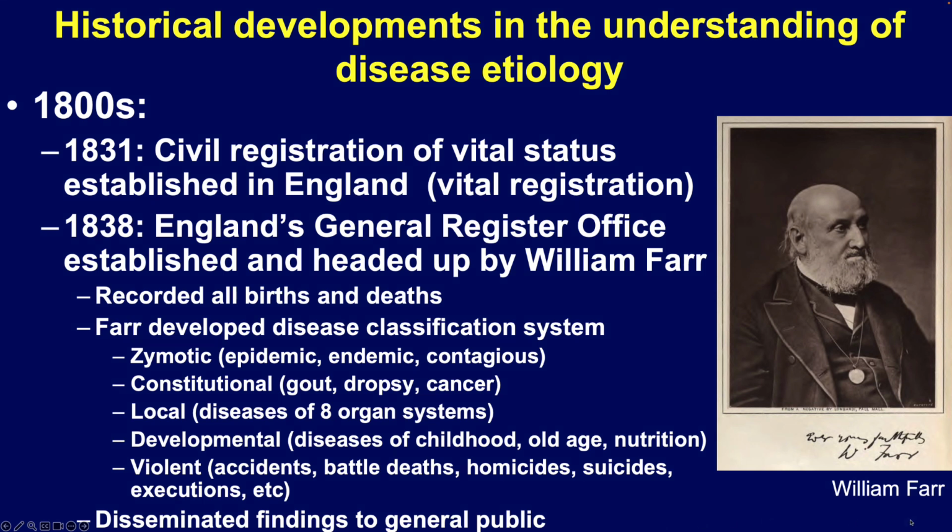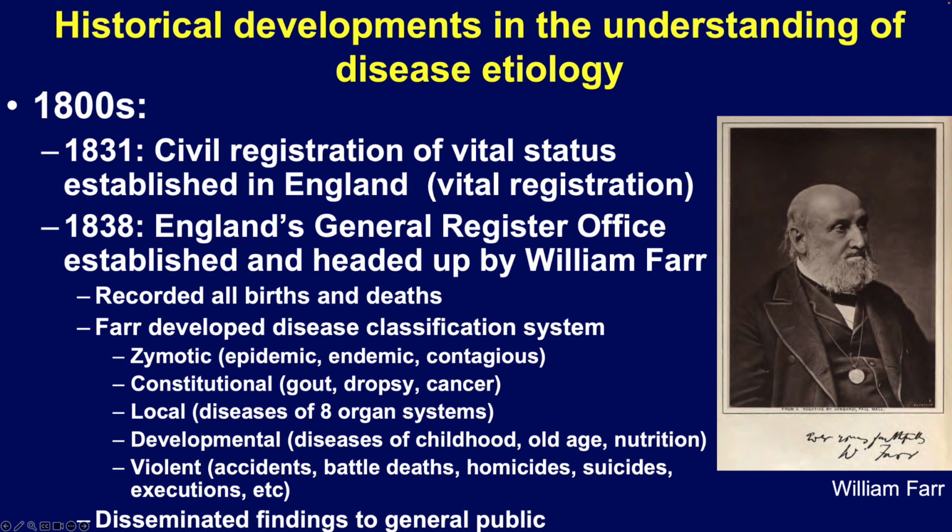As part of this work, Farr also developed a disease classification system that was more systematic and informed than the ones we saw in Petty and Grant's observations on the bills of mortality. Farr's system had broad groupings. Here you can see the infectious diseases largely fall into a category called zymotic diseases, which were epidemic, endemic, and contagious diseases.